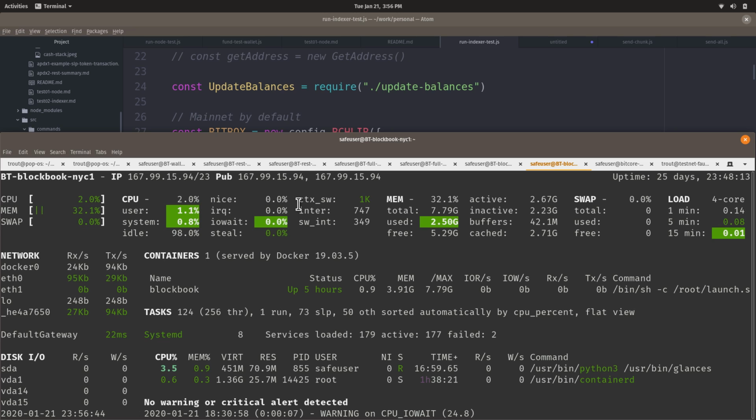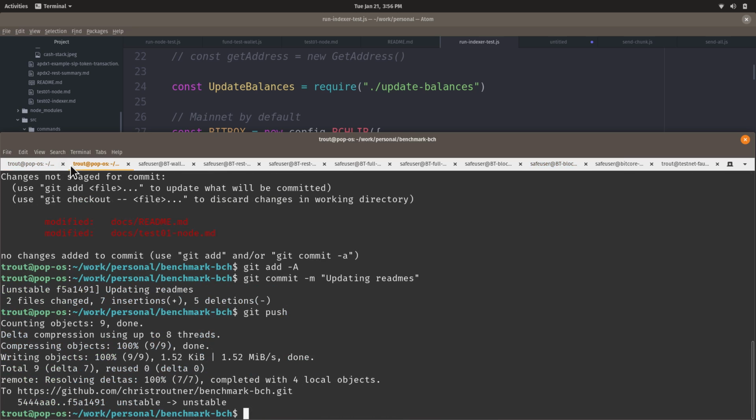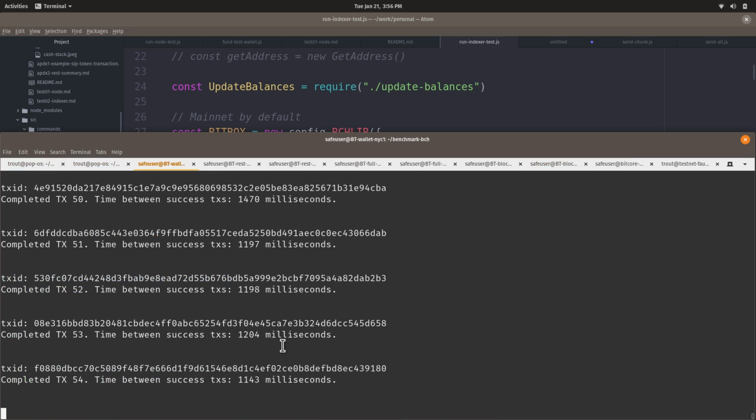It's getting the UTXO information from Blockbook in this test, so this is the measure of time it takes for Blockbook to see the UTXO and update its internal database.